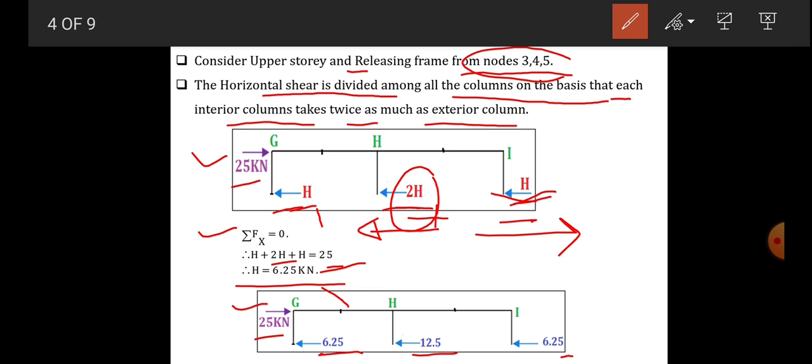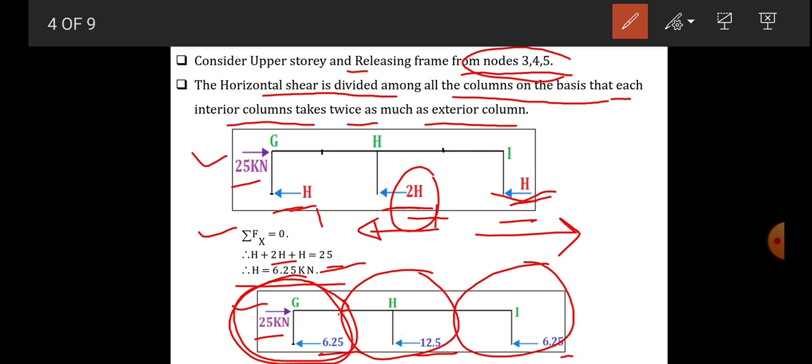Now consider each joint, consider joint G, and find out the forces acting at the joint. Let's draw the FBD for joint G, then joint H, and then the last joint I, and find out the forces. Let's consider first the G joint.